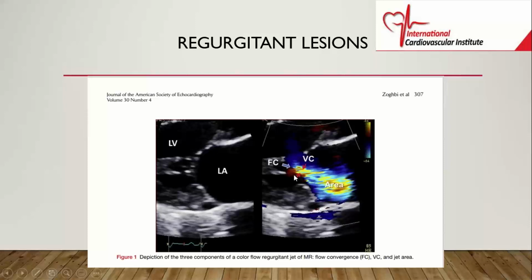It's going to be hemispheric, okay? So the flow convergence is hemispheric right there, and this is the regurgitant jet.